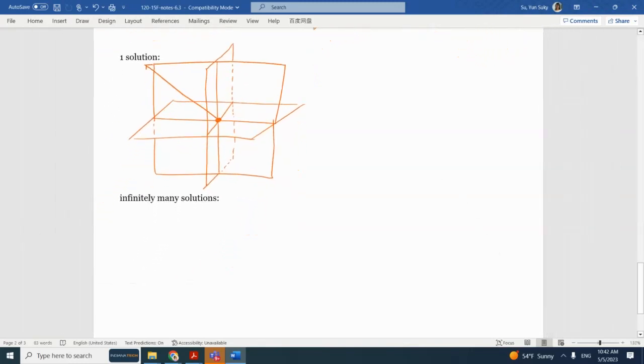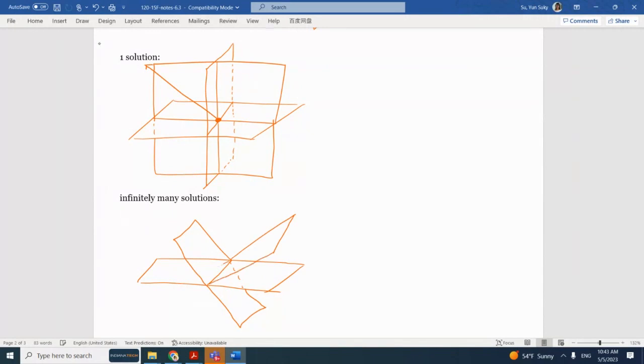Infinitely many solutions. Well, it could be three planes intersect in a one parameter family, so they intersect at one line. Okay, or like that. Can you imagine the three planes intersect at one line?